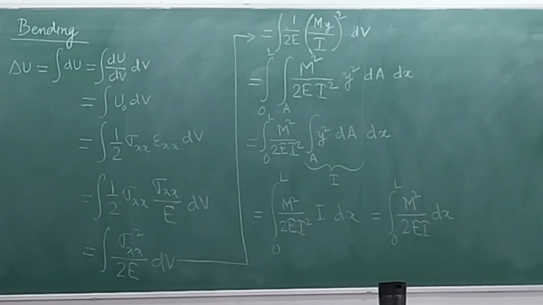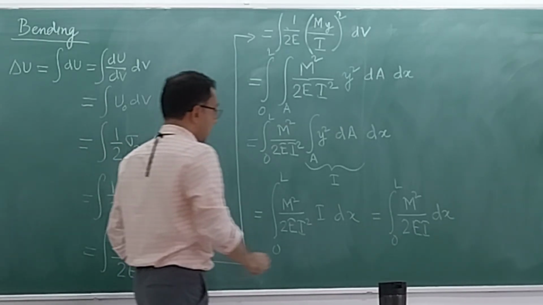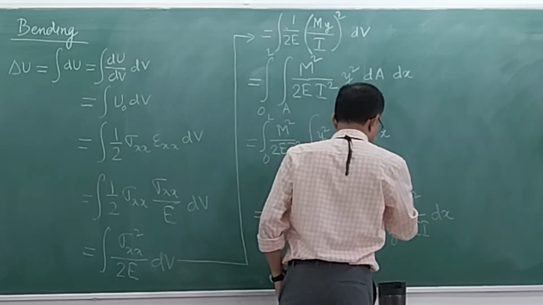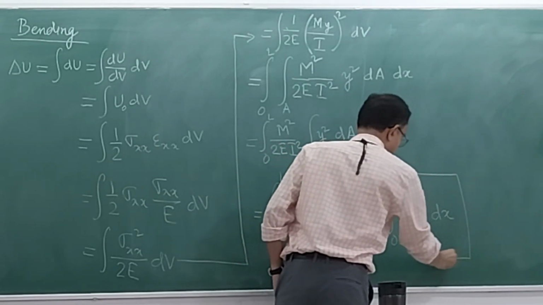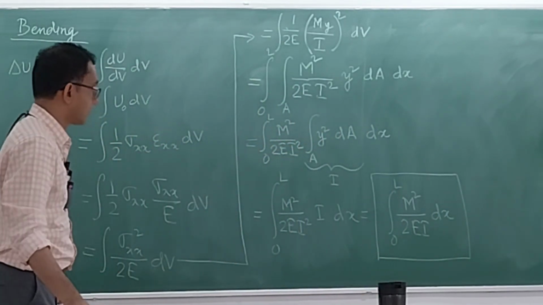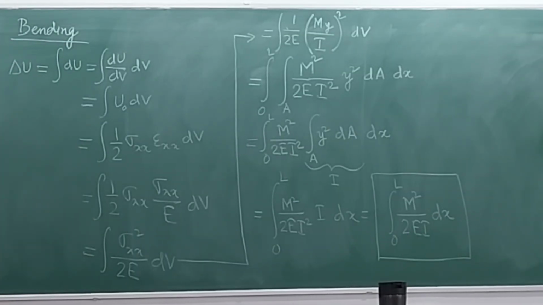So earlier we had obtained this thing for the axial load. For the bending, we are obtaining this. These are extremely important. Time and again we have to utilize this. Next, we are going to consider torsion.